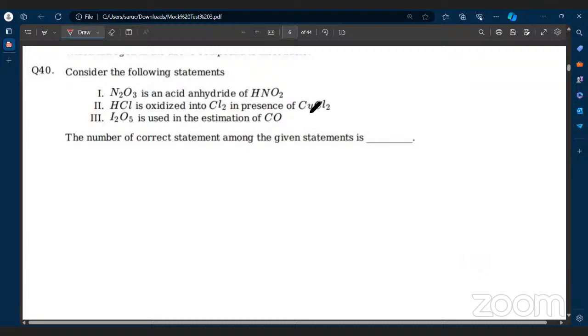Okay. So moving to the first statement. Can anyone give the answer for this question? Read all the 3 statements and count the number of correct statements.